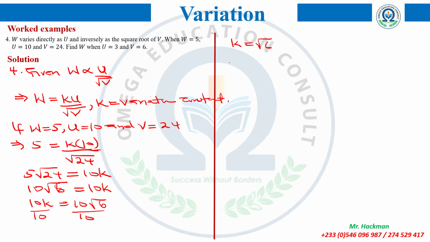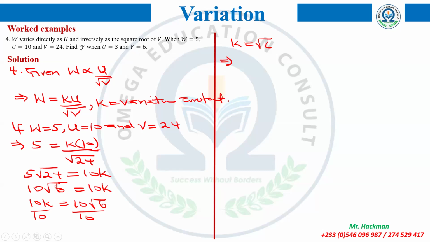Then you write the relation. Should I write therefore? Yes, please. Therefore, W is equal to root of 6 U all over root of. At this point, I don't agree with you. Why? Because the question didn't ask us directly to find a relationship, so we don't conclude with that.